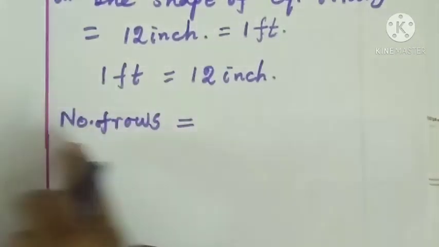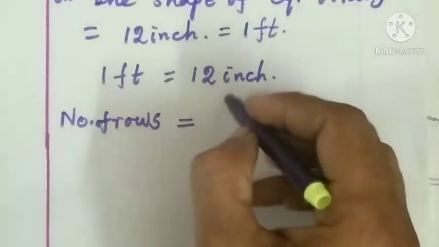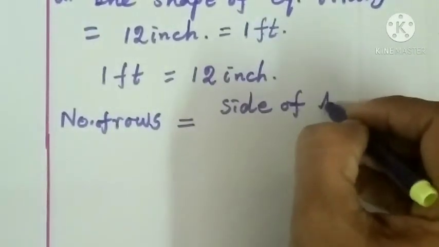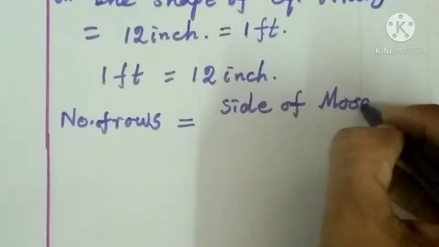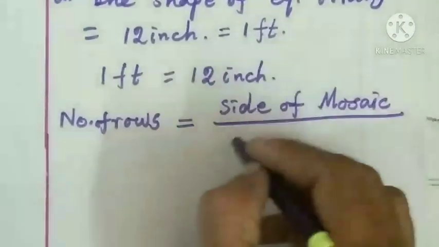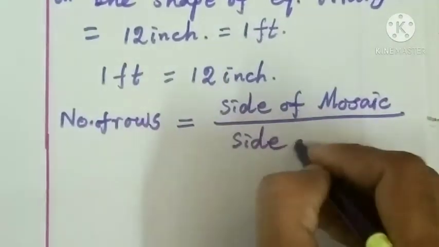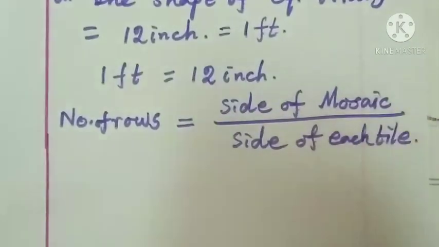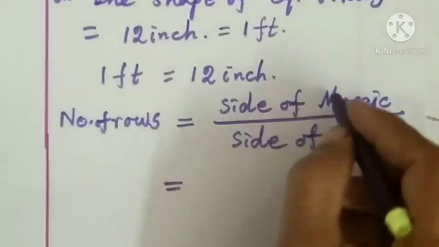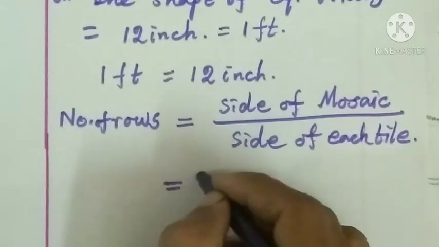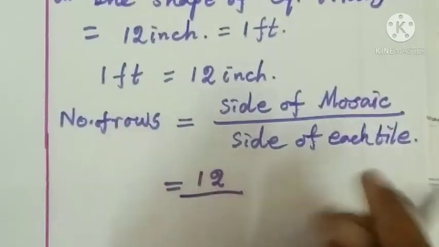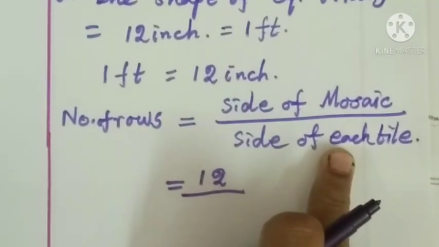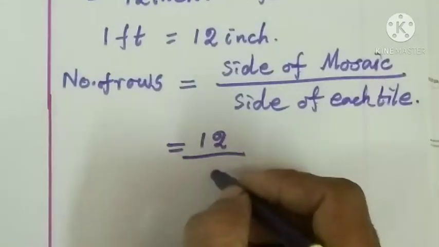That is, number of rows is equal to side of mosaic divided by side of each tile, which is equal to 12 feet divided by 1 feet.